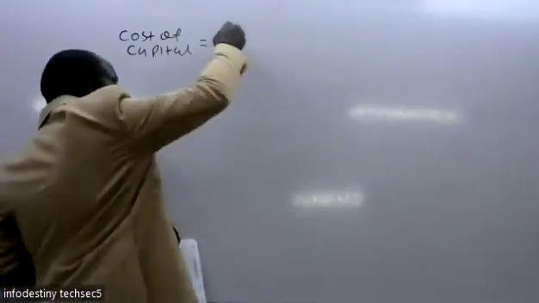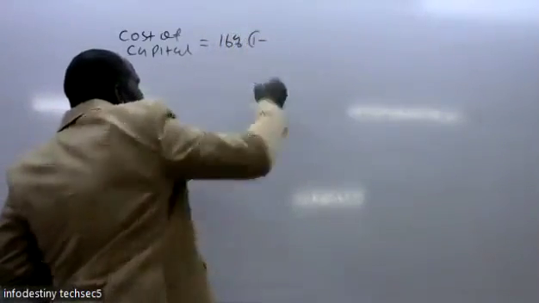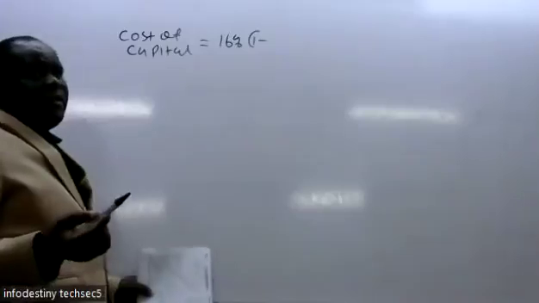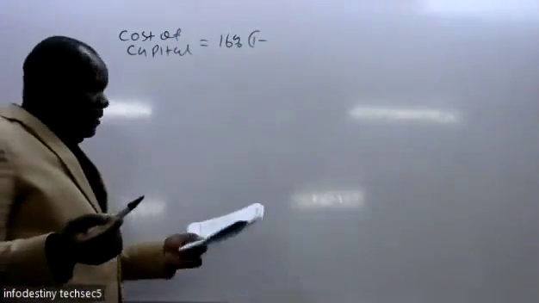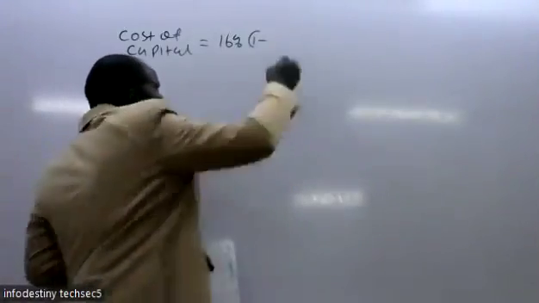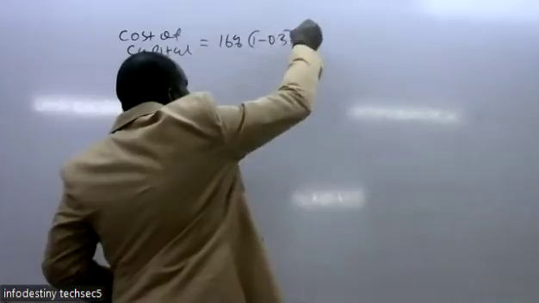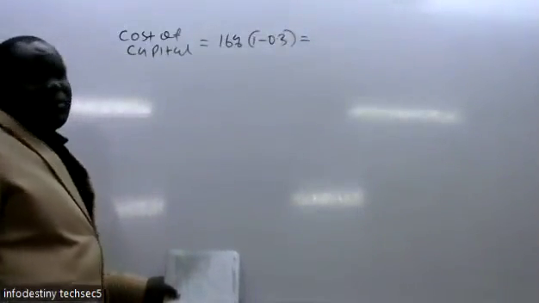So just take the 16%, then we tax it. There was no equity in the question, so we base it on interest. The corporate tax rate was given as 30%. So we simply tax that figure, so that we come up with the cost of capital.